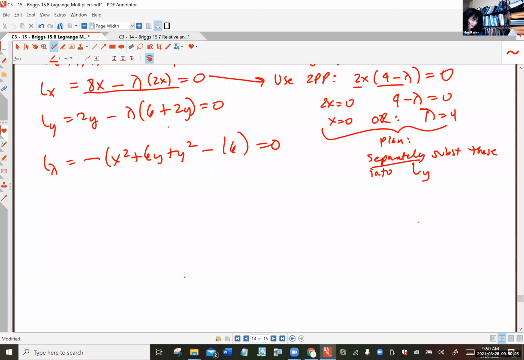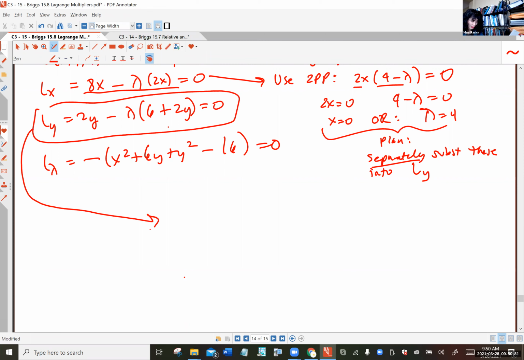Okay, so now, if you look at Ly, which is right here, there are no x's, so that's good news. So you're going to substitute lambda equals 4 into this Ly. So I'll have 2y minus 4 times the quantity (6 plus 2y) equals 0. Fine. Well, I'll distribute the negative 4.